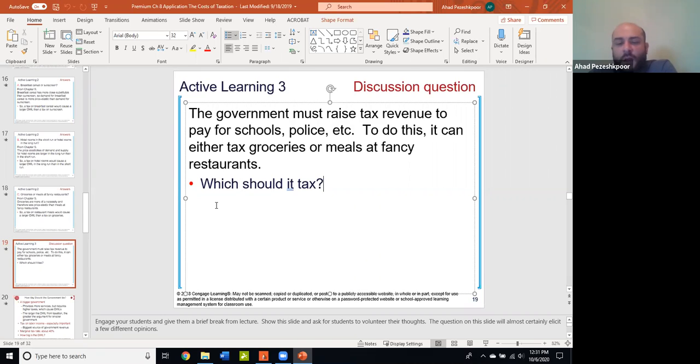If you were the president or the king or the prime minister of a country, and you would have to raise money for a certain project, and this project is actually useful for people, like sometimes governments are not really famous for spending money on useful things, but here we assume that the government is actually spending money for something useful, like schools.